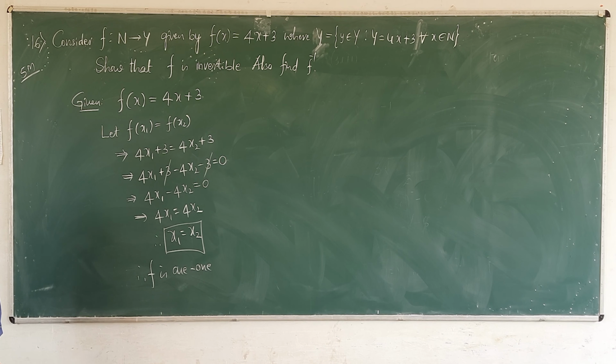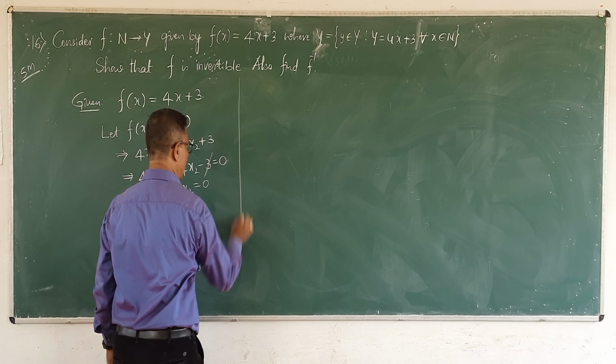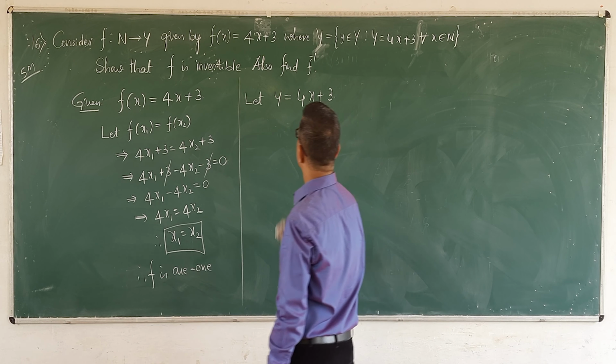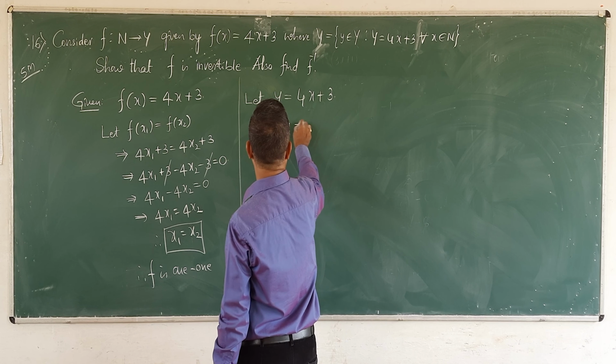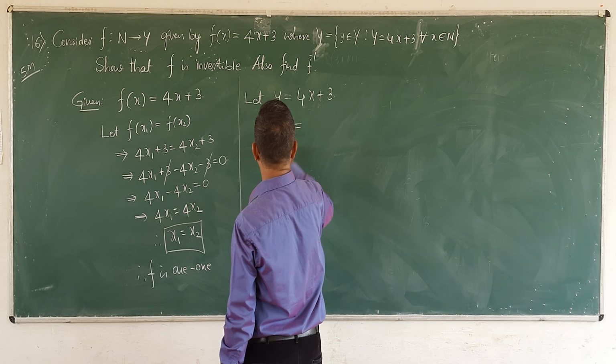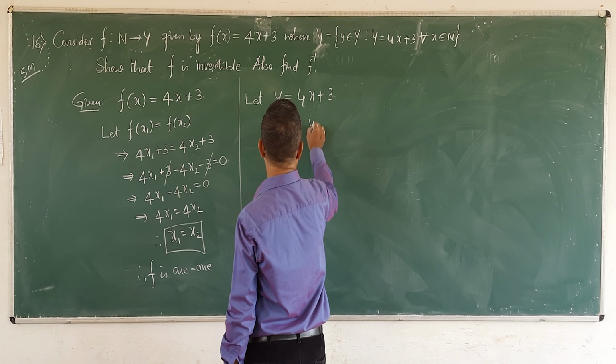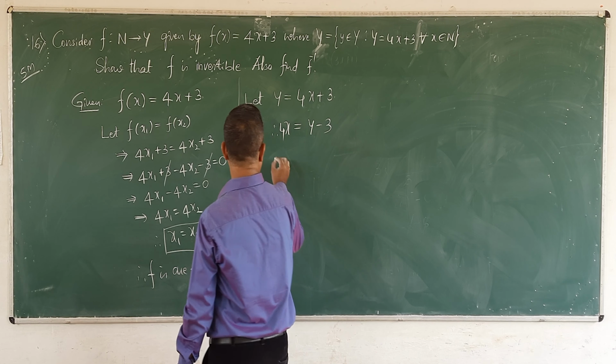Okay? Now to prove onto, by definition, codomain is equal to range. Or another way to prove it, f of x equal to y. Let y is equal to f of x. What is the f of x value? 4x plus 3. Using this to find x, 4x plus 3 is equal to y, 4x is equal to y minus 3.